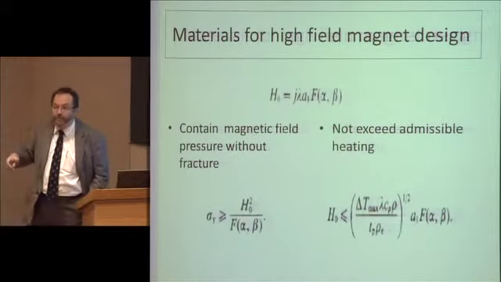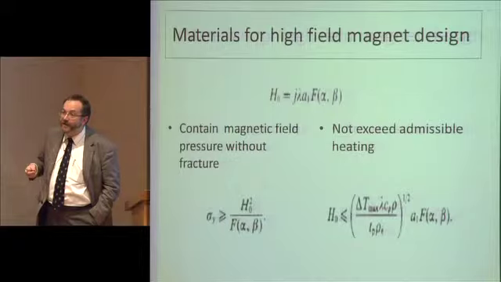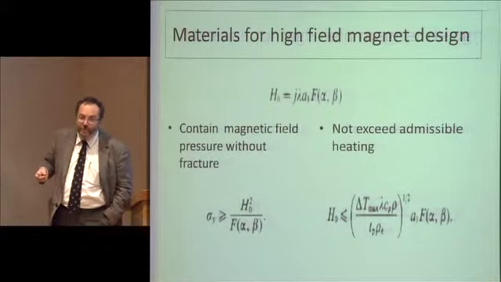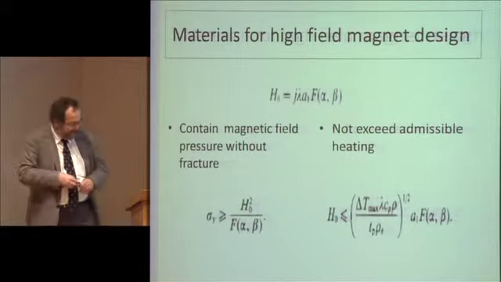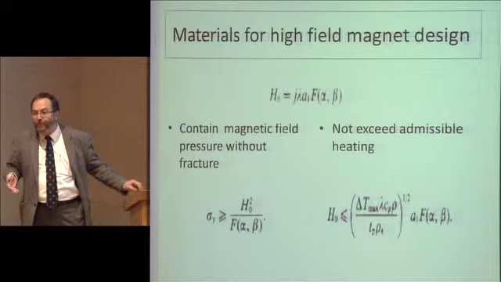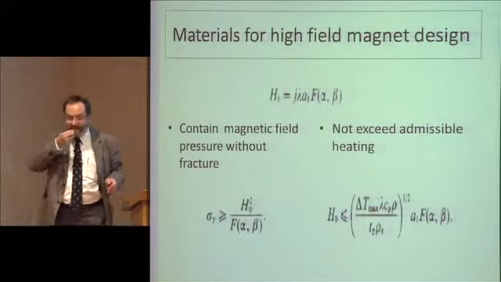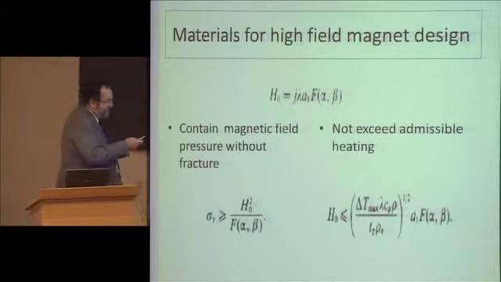But then, of course, when you're doing that, you're creating a current pulse that's going to heat the material, and then you have a maximum admissible temperature. Your coil should not melt. Obviously, things are going to work not so well if that happens. So that gives you another limitation here.